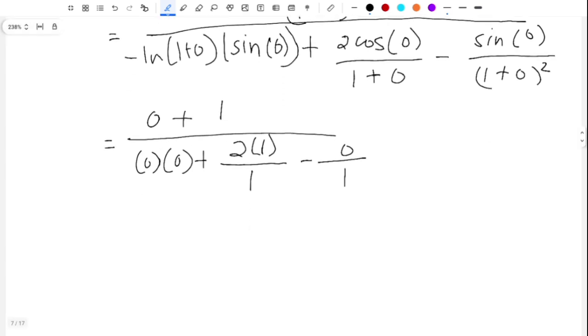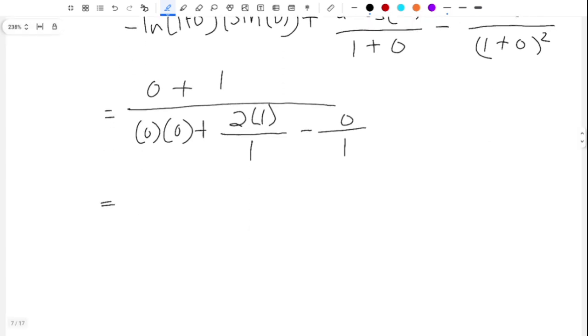Then let us simplify further: 0 plus 1, 1 over 0 plus 2 multiplied by 1, 2, divided by 1, 2 minus 0, 2. Therefore, our final answer is 1/2.